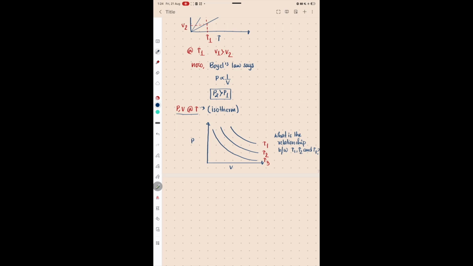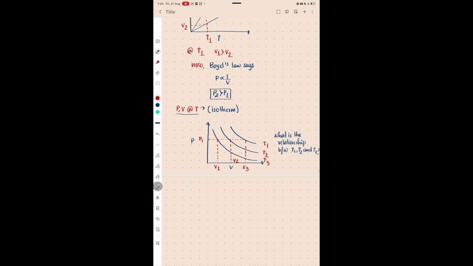Now similarly, let's draw a straight line, right? So let's say this is pressure P1 and the corresponding volumes are V1, this is your V2, this is my V3, right?